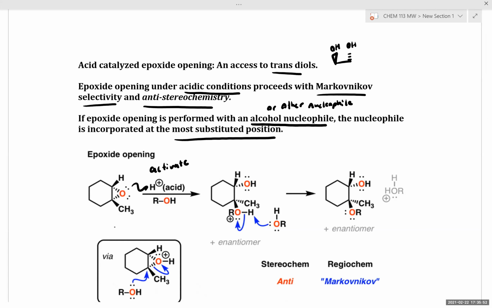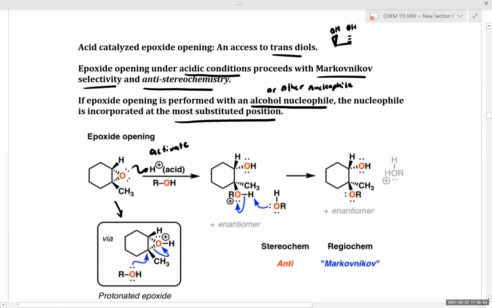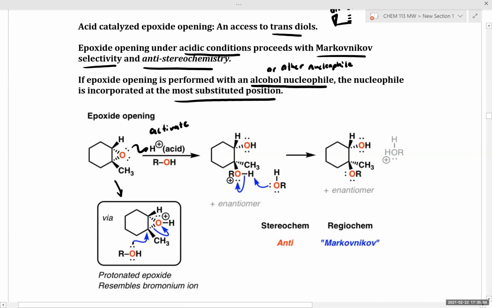Once we have protonated our epoxide, our nucleophile is then going to attack the most substituted carbon from the opposite face. So it attacks following Markovnikov regioselectivity and anti-stereoselectivity. So we open the epoxide from the opposite face.